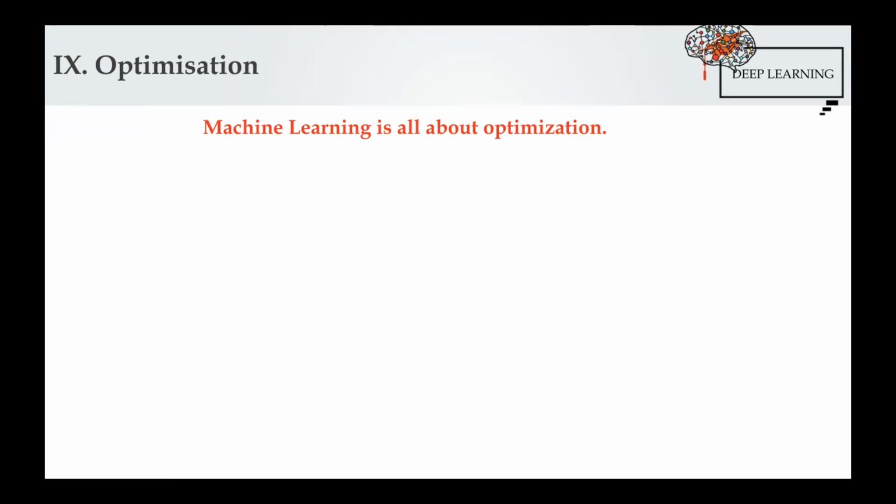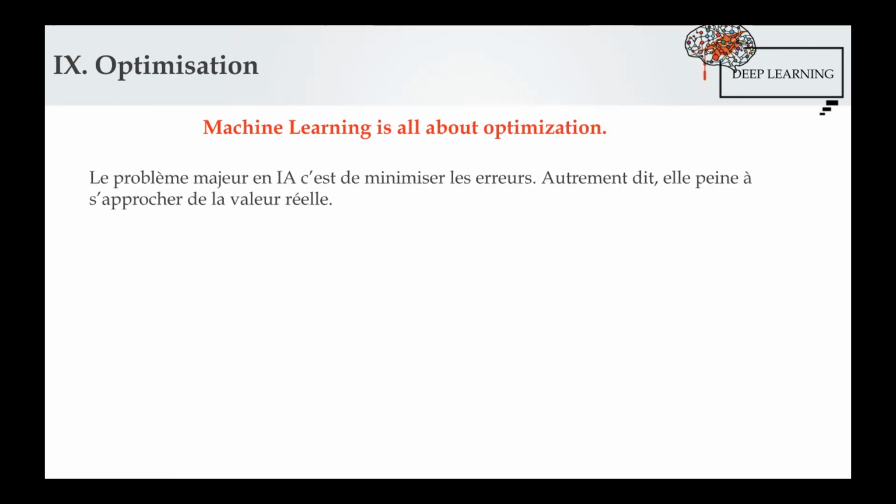Il faut savoir que le problème majeur en IA, c'est de minimiser les erreurs. Ce qu'on veut, c'est s'approcher de la valeur réelle, donc on essaie de réduire les erreurs au maximum pour s'approcher le plus possible de cette valeur. L'erreur, c'est quoi?